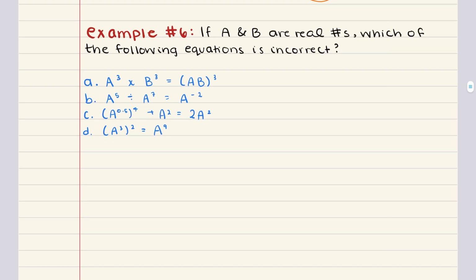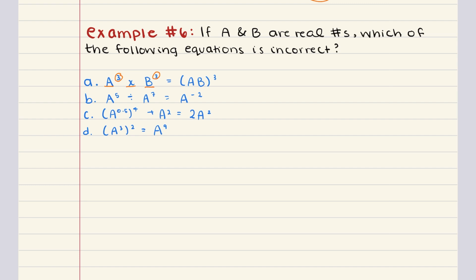Problem 6 says, if A and B are real numbers, which of the following equations is incorrect? Let's analyze each answer choice and figure out which equation is incorrect. Let's start with answer choice A. Here we have A cubed multiplied by B cubed, and this is equal to A times B, and that's all cubed.